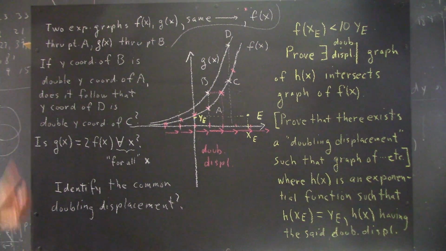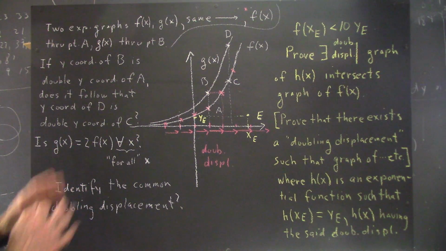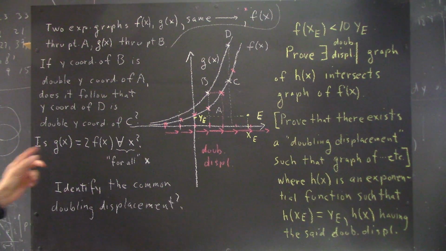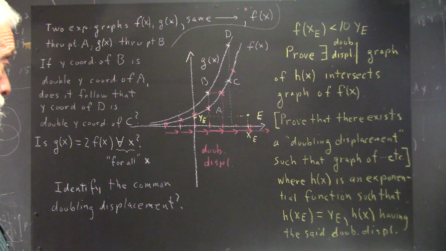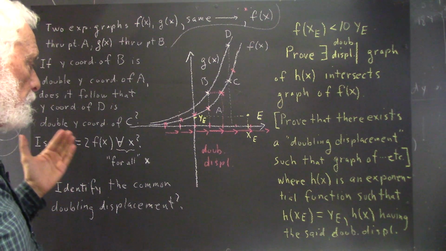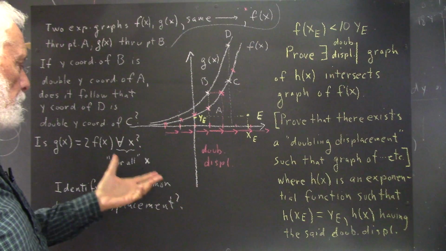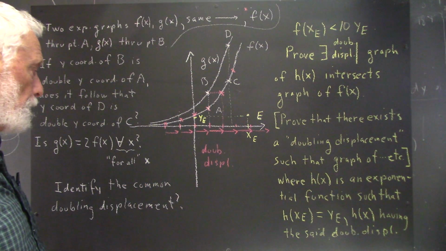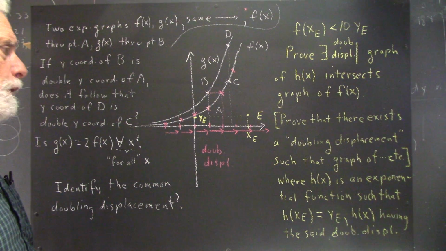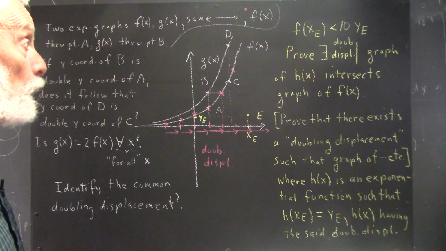We can prove that, and I'm going to leave it to you to think more about that. Now that doesn't prove that it's true for all x, and to prove that it's true for all x really requires more than you probably know now, but it's still worth giving it 30 minutes of thought.